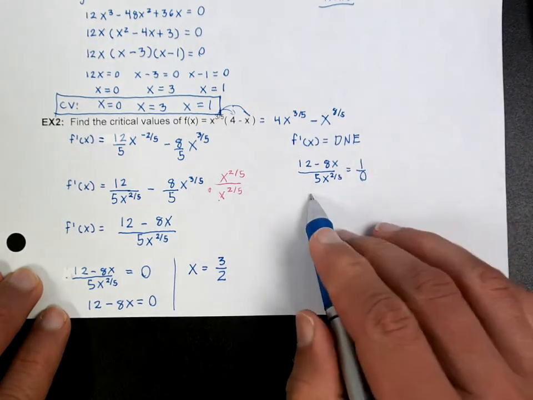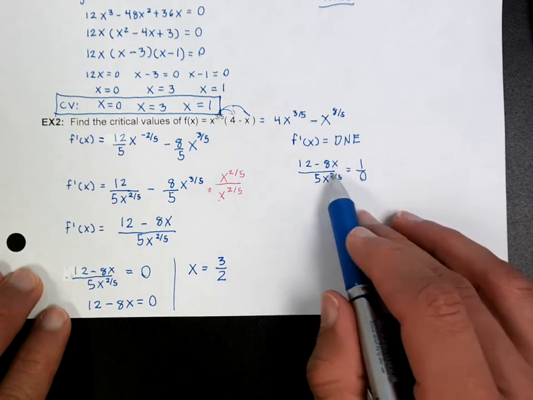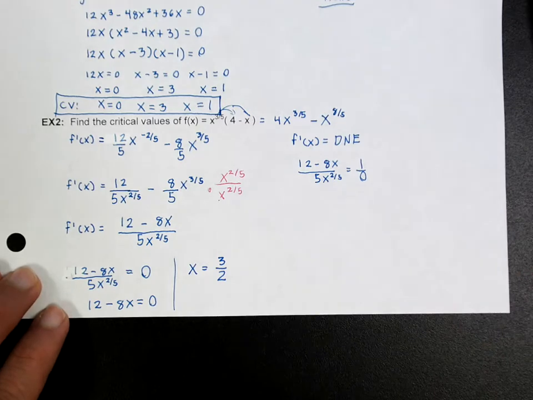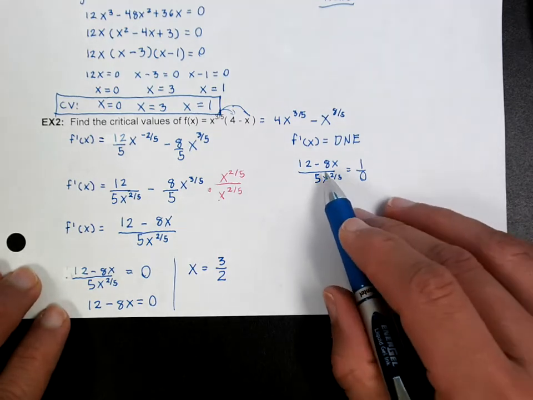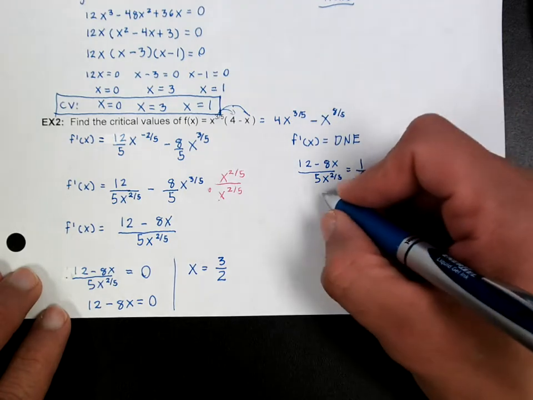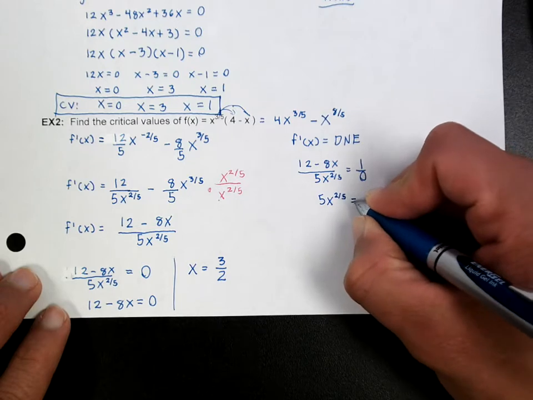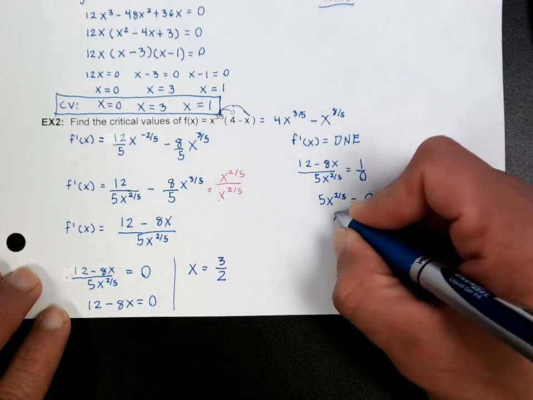If you just look at it also, right, this x doesn't matter, but what matters is what's going to make this denominator 0, which is 0 ahead of time, but if you don't see that, that's fine. Set that up like that and then cross multiply. So you would have 5x to the 2/5 is equal to 0, so x is 0.